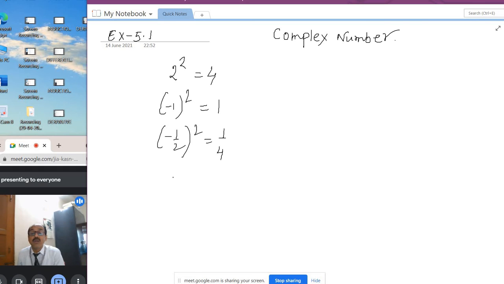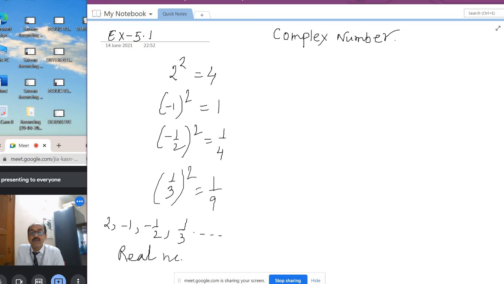So 1/3 whole squared equals 1/9. So these numbers, 2, -1, -1/2, 1/3, these all are real numbers because their squares are positive.